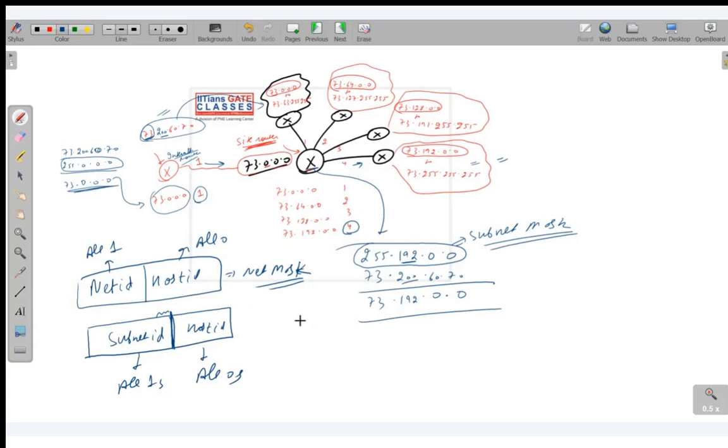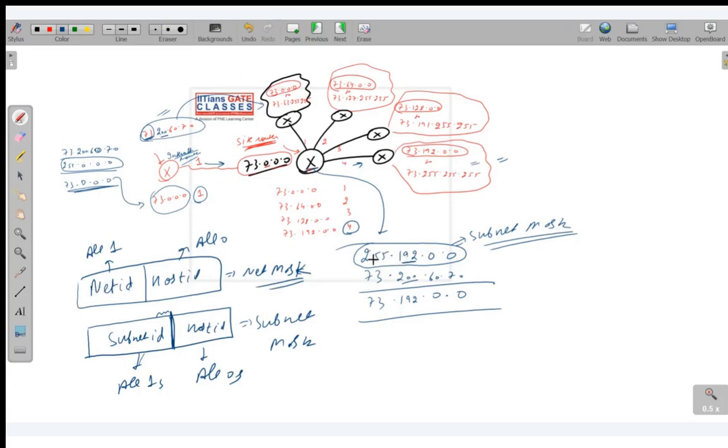Can this all ones and all zeros be altered in subnet ID? No. In subnet mask, the subnet ID still will have all ones. See this 255.192.